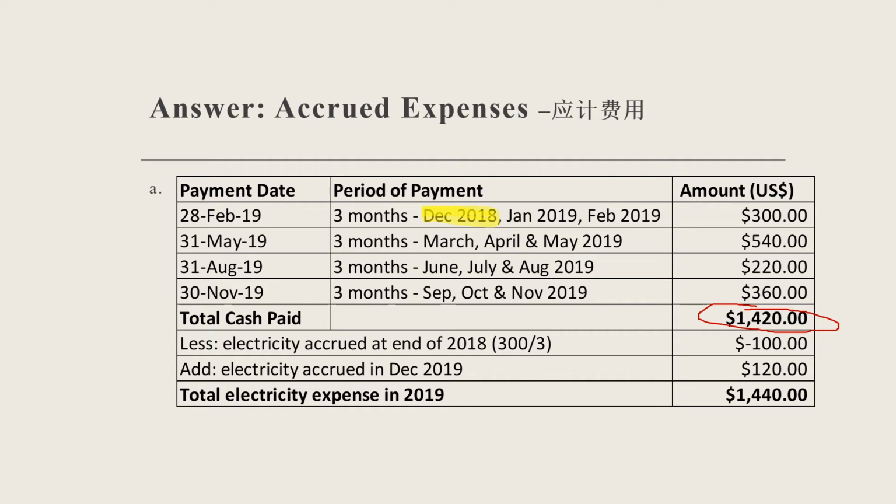Therefore, we should deduct electricity accrued at prior period 2018, $100. Third, we should add electricity accrued in the current year, December 2019, 120. So the total electricity expenses in 2019 is 1,440.